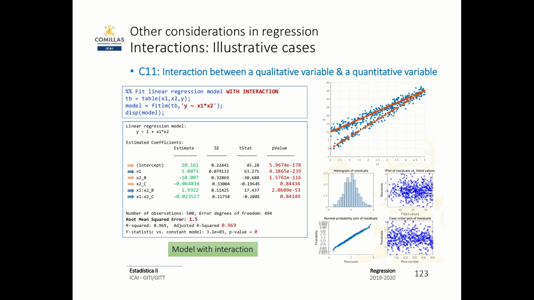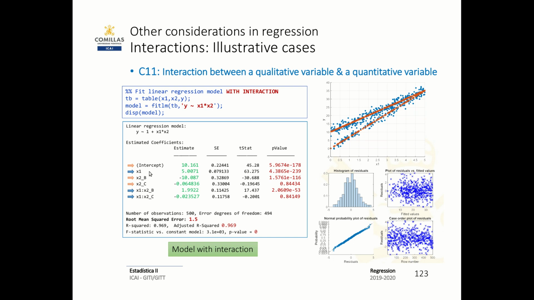So now we consider the interaction. By considering the interaction, now we are changing the slope and the intercept. We don't see any specific pattern in the residual analysis, and here are all the estimates for the different parameters. So we have the intercept, we have the slope on x1.